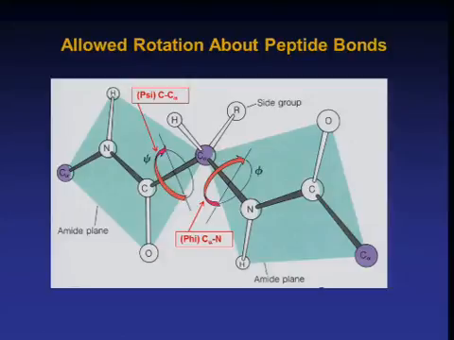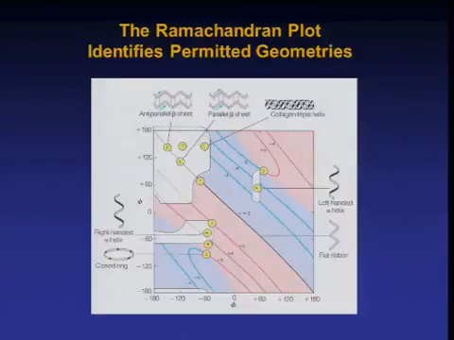In other words, you have to avoid steric hindrance, excuse me, but there are certain restrictions put upon the geometry. Basically, when you do the math and the computer modeling, it turns out that there are specific angles on those flanking bonds that can occur and other ones which are restricted.